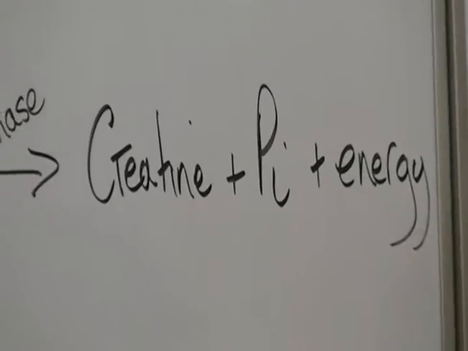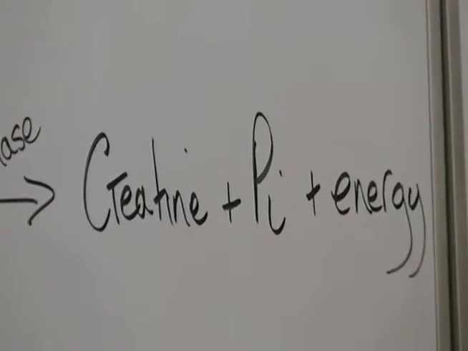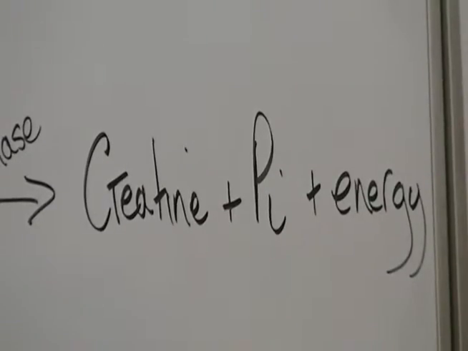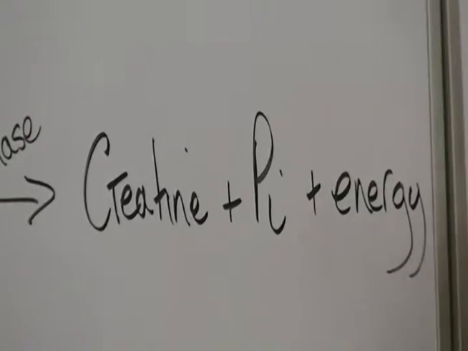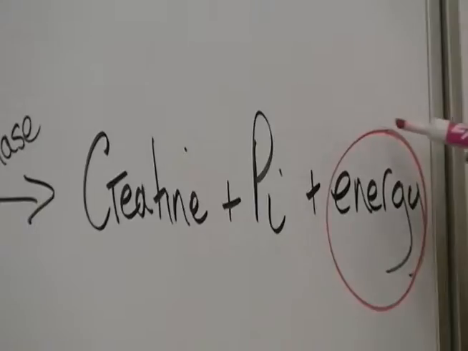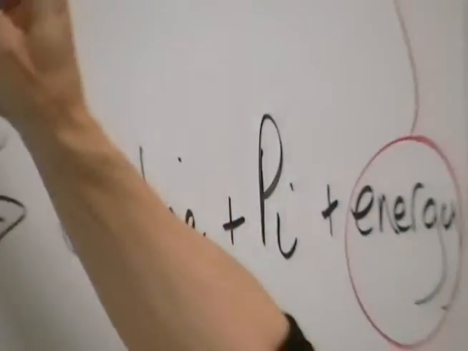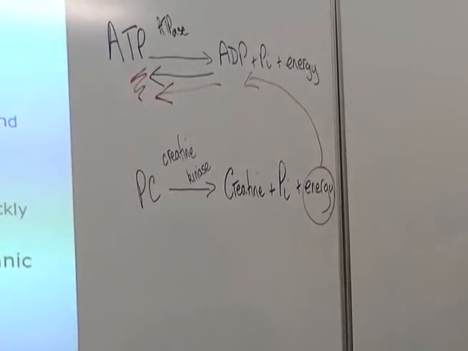So what the body does, because it can't use this energy because it came from the wrong molecule. It's very odd, right? But that's the way it goes. So what the body does is it steals this energy and it feeds it back in here so that I can come back to ATP.